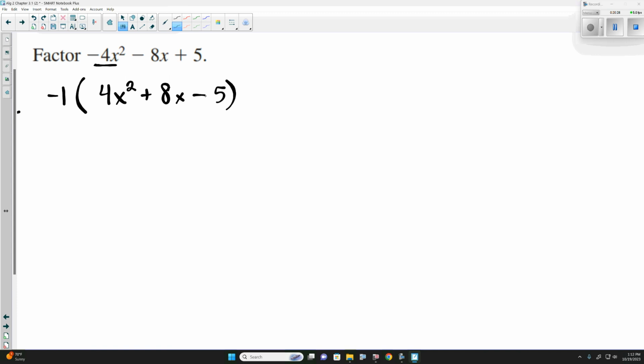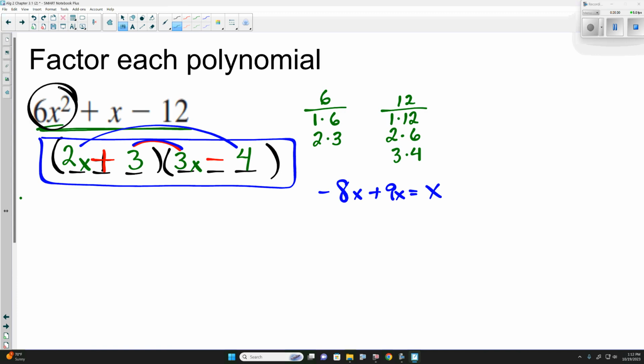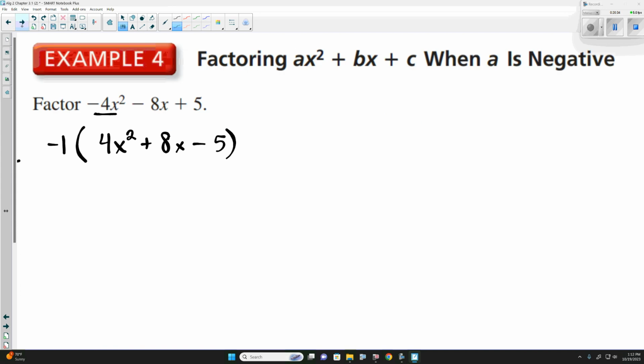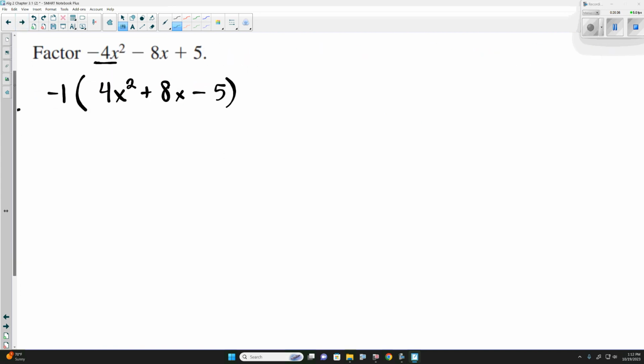Now, if the number's already positive, we don't have to worry about it. But if it's negative, we just factor that negative out. And after that, everything else stays the exact same. The issues that it would cause are gone.